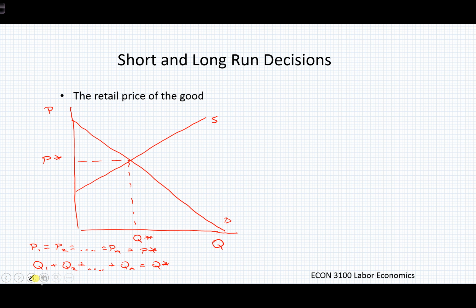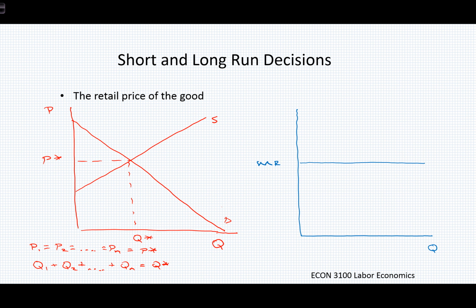Well, let's think about this in terms of what the firm or producer sees when they're considering this price of the good. Well, we're going to, again, look at your basic supply and demand. But from the firm's standpoint, the price that the firm is able to get for this good, the P star, becomes its marginal revenue.